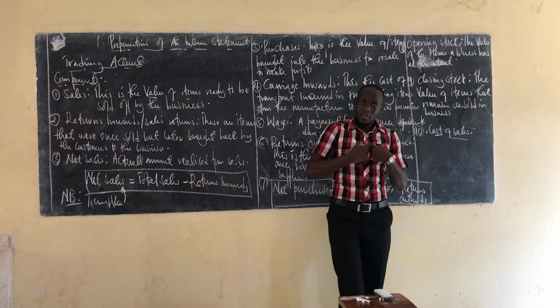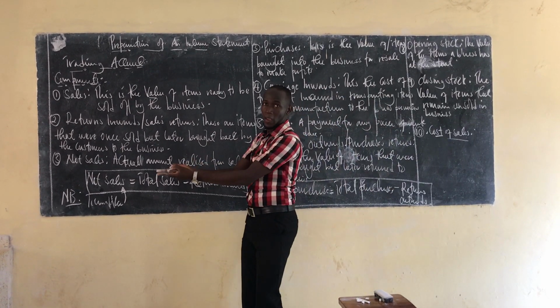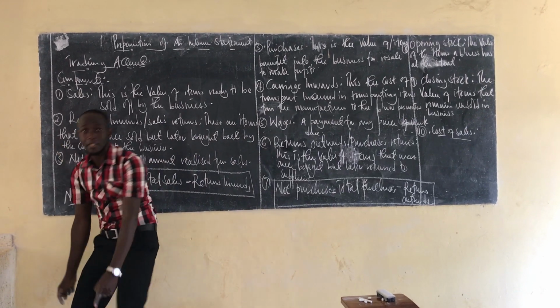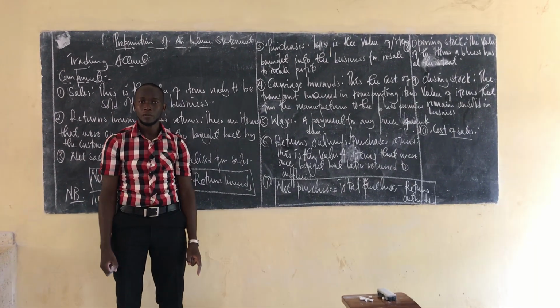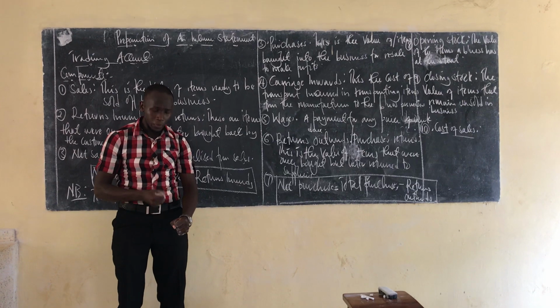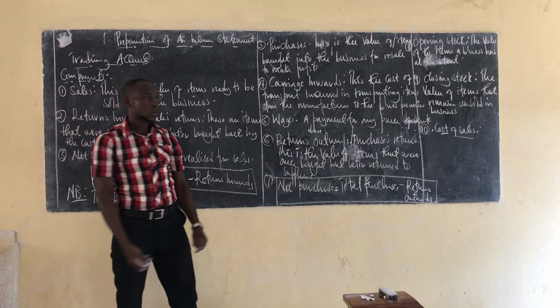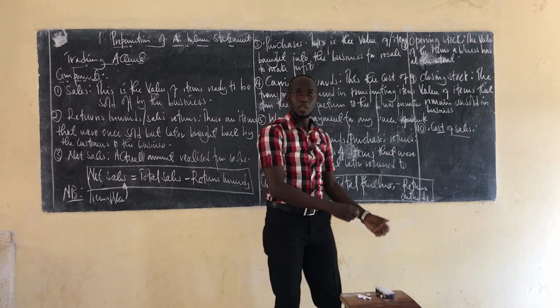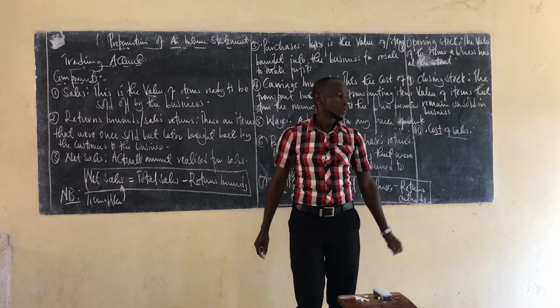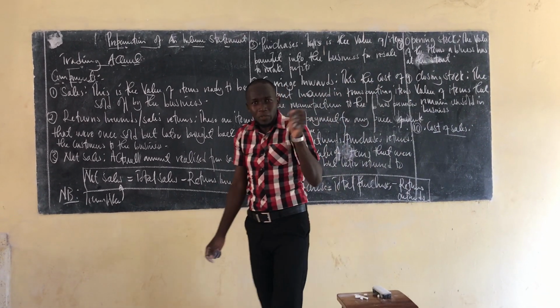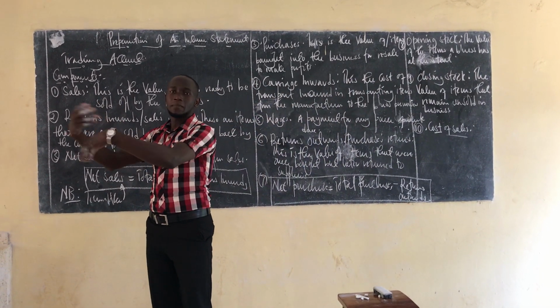As a business, I normally have sales. But the cost that I incurred in having these sales standing in my business is what they call cost of sales. How much money do you put in to have those items on the shelves? How much money did you put in to have all those clothes in that boutique? How much money did you put in to have that machine running? How much money did you put in to have that business running?